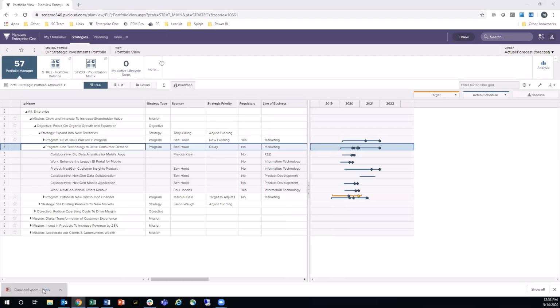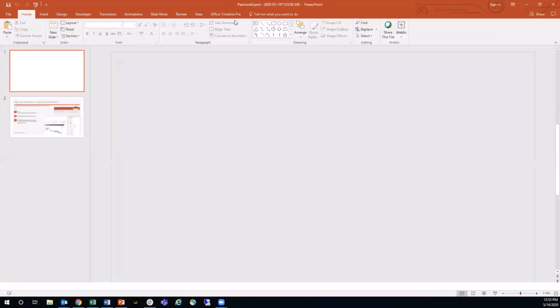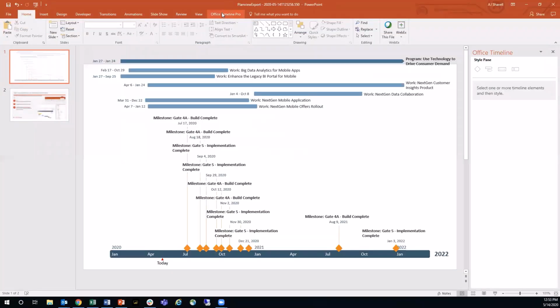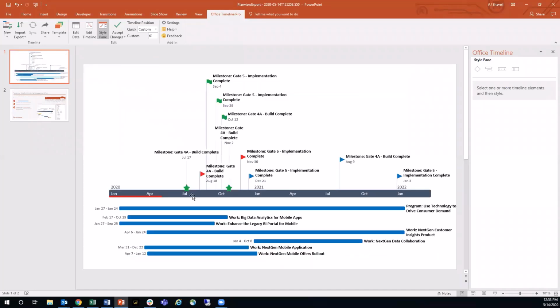This makes it very simple and easy for us to show our executives, show our management team that when we talk about using technology to drive consumer demand, I can see all of the related work. I can see all of those upcoming milestones. We want to make it very simple and easy for you to build out that strategic plan and start to operationalize that strategic plan.